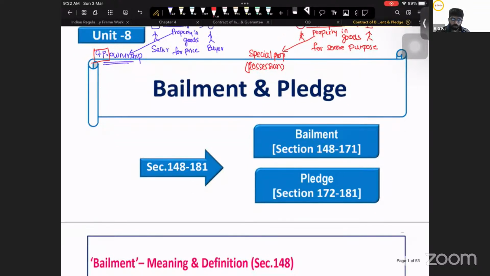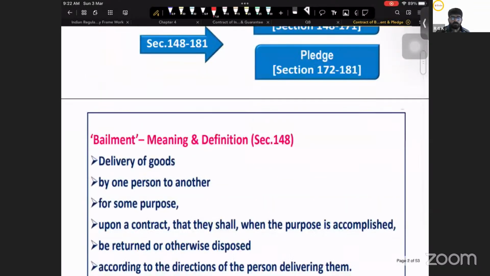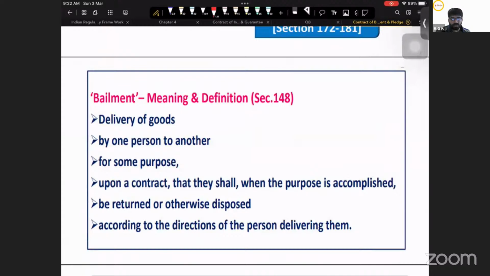The meaning of contract of bailment is given under section 148 of the Contract Act. What does it say? Delivery of goods. Here, delivery means physical transfer of possession.